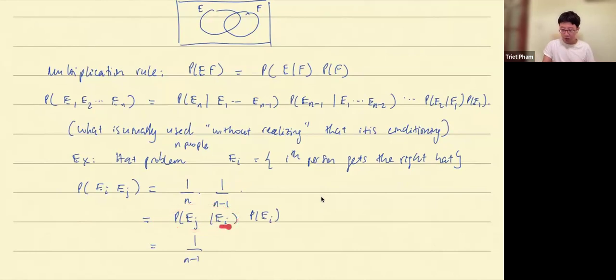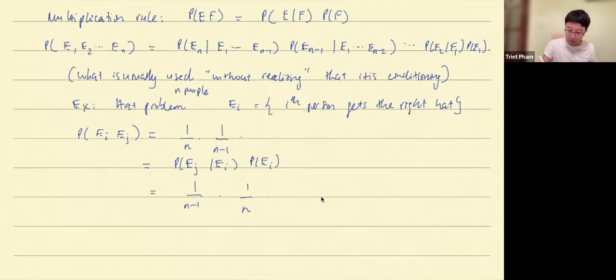Because conditioned on the ith person getting the right hat, there are only n minus 1 hats left to choose from, out of which the J person can pick his right hat with one possibility, 1 out of n minus 1. And P of Ei, of course, is 1 over n. Okay. Of course, this can also be done with counting. So this is conditioning.